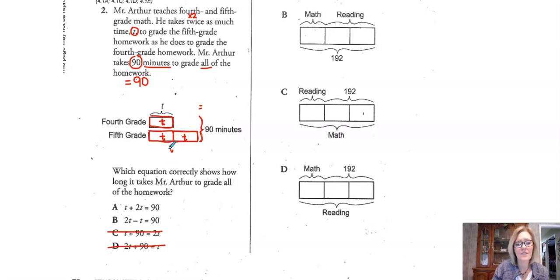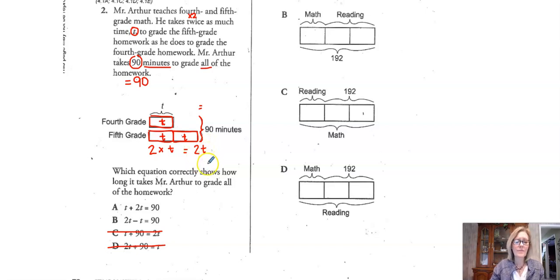And it doesn't have to be written like this, 2 times T. In algebra, and this is kind of an algebraic form, we can say if we place a number by a letter, that means that 2 is multiplied by this letter. So that's why it's called 2T, okay?